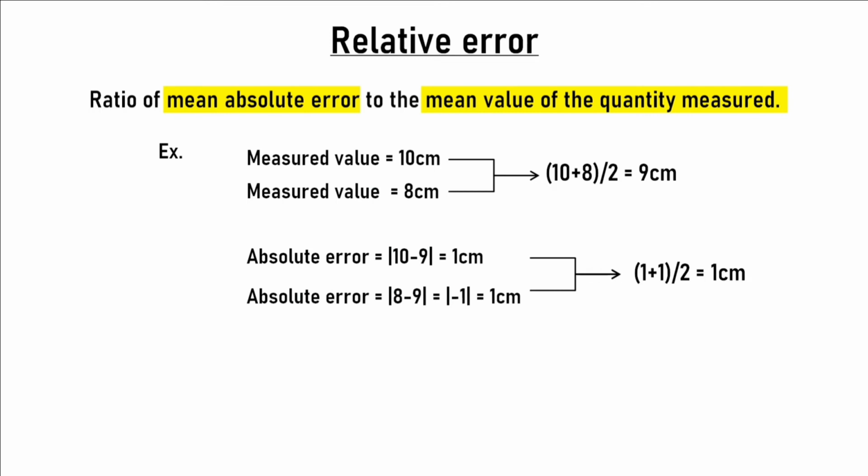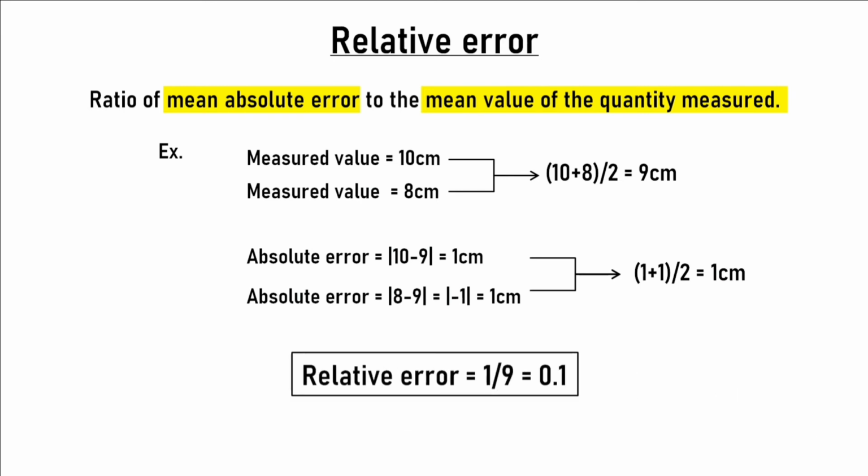Also from the previous examples, we got that absolute error is equal to 1 cm in the first example, and absolute error is equal to 1 cm in the second example also. If we take the mean of these two, we get 1 plus 1 divided by 2, which is equal to 1 cm. So here we got two mean values. The first is the mean value of the quantity measured, and the second is the mean absolute error.